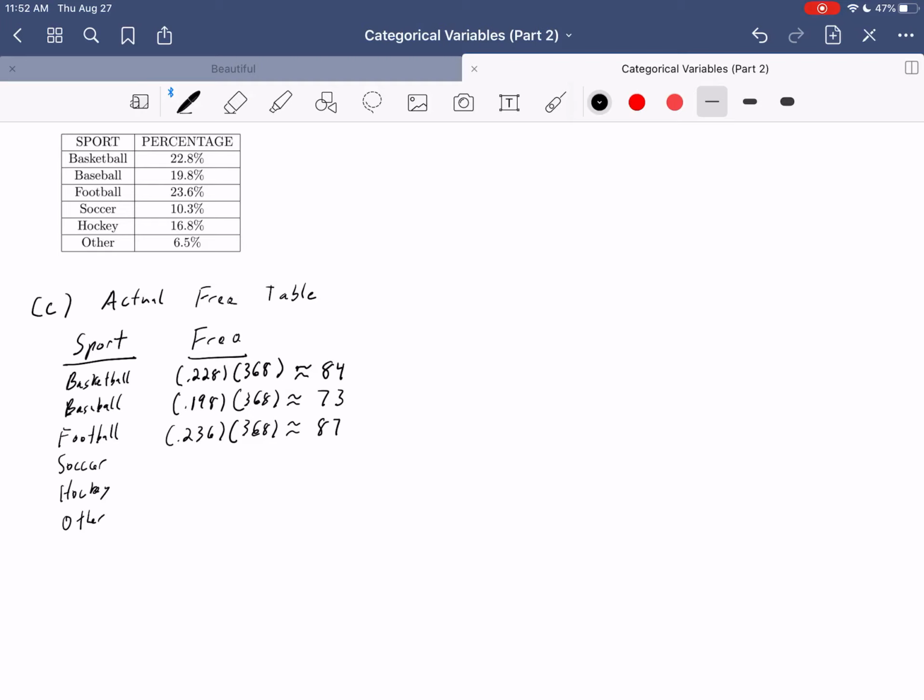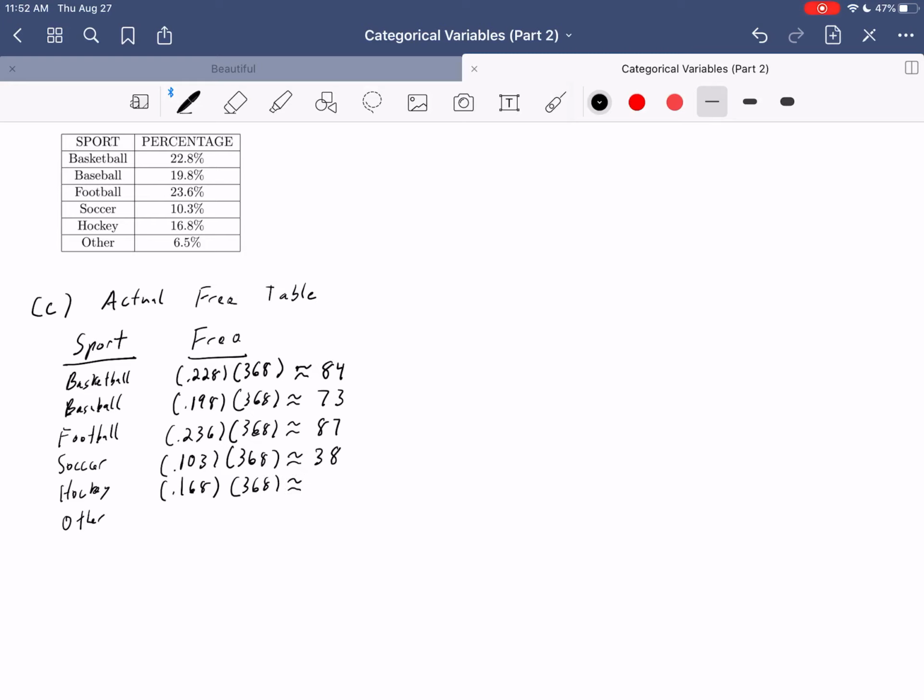For soccer, we would take as a decimal 0.103 times 368, which gives 37.9, that should round to 38. Then for hockey, we'd have 0.168, once we write that as a decimal, times 368.